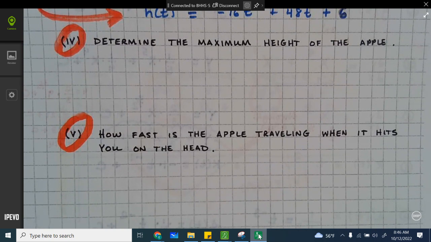Yeah, it says determine the maximum height. So it's a parabola, right? So it's this instant right here.